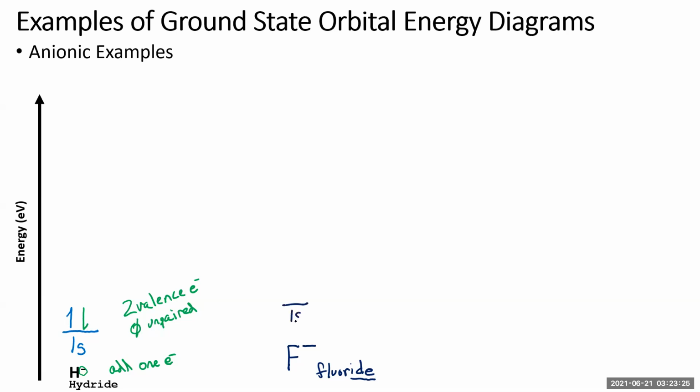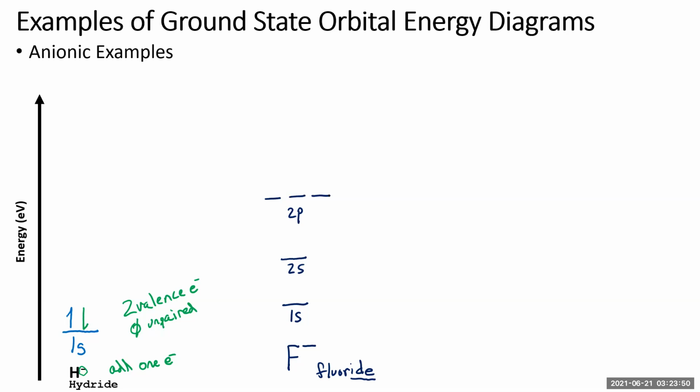Okay, so we have 1s2, 2s2. Fluorine is near the very end of the second row. So we know that 1s and 2s are already filled because we're past the s block completely on row 2. But now we have to figure out what's going on with the 2p subshell. 1, 2, 3.